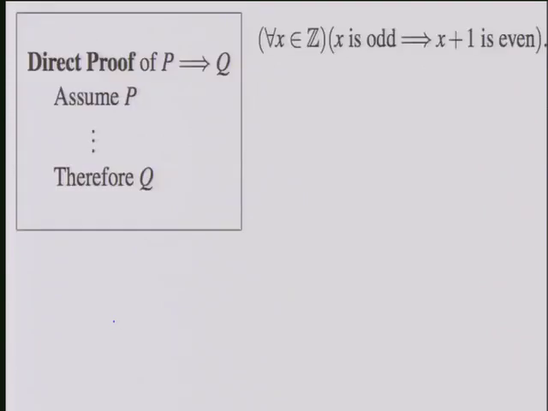Okay, so now in the second set of lecture notes, these are about types of proofs, proof strategies. Now the particular proofs that we've chosen in those notes are not so important.